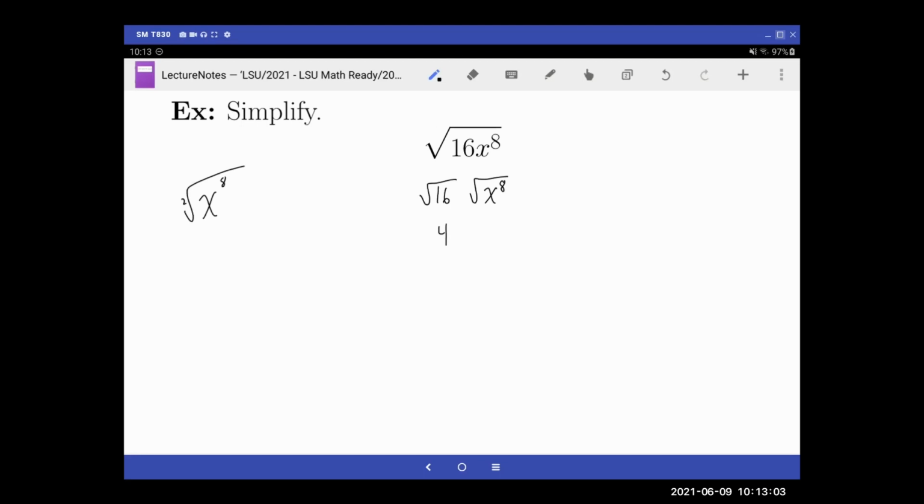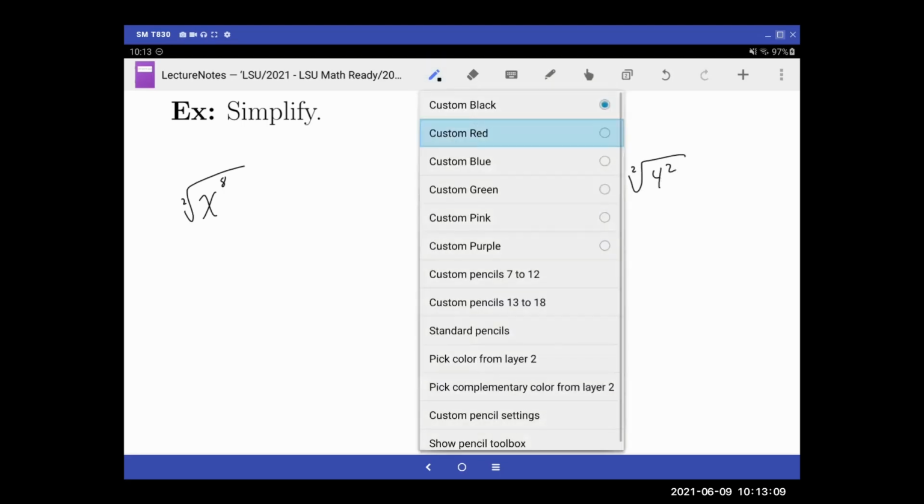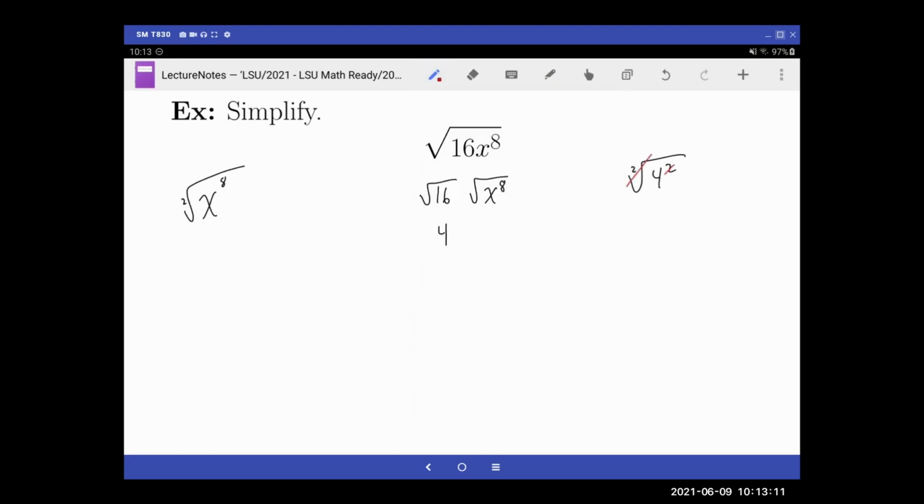So let me actually go back to the 4 squared here. And we said, okay, well, the understood 2 is there. So this and this cancel out. Well, they kind of canceled out, right? What is 4 really? If you had to give 4 an exponent, it'd be 4 to the first power.